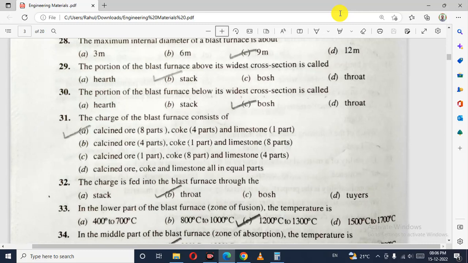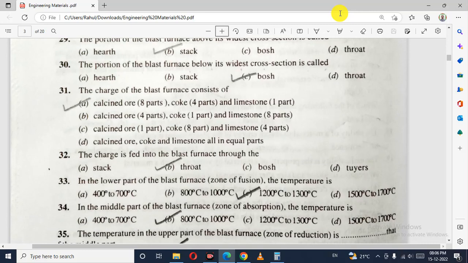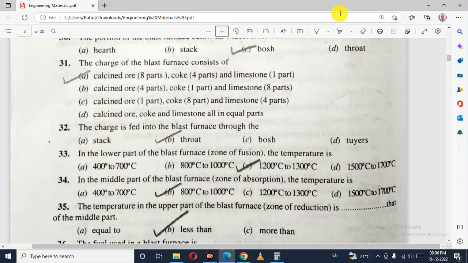In the lower part of the blast furnace, the temperature is 1200 to 1300 degrees Celsius. In the middle part, the temperature is 800 to 1000 degrees Celsius. The temperature in the upper part of the blast furnace is less than the middle part.